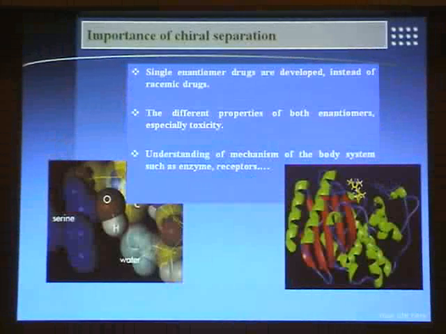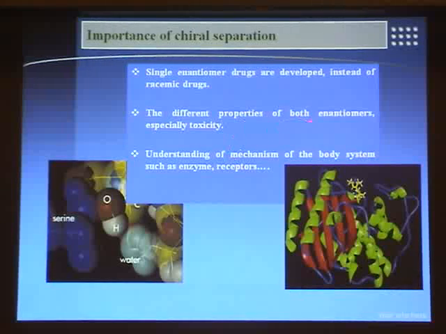And nowadays, many people try to separate chiral compounds, because some enantiomers have different biological activity. Sometimes some enantiomers have toxicity, but the other enantiomers are non-toxic.